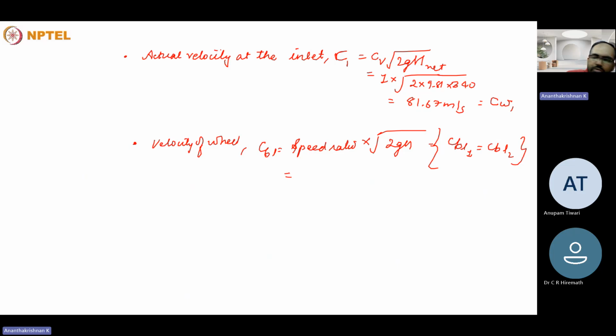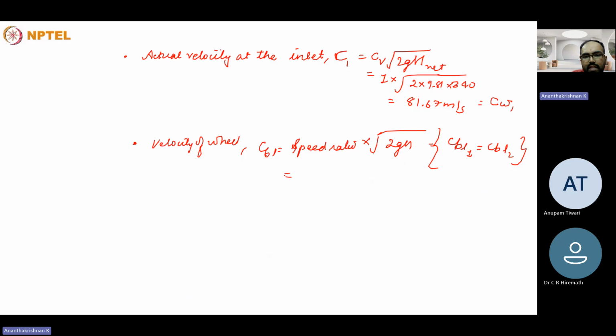Since this is a Pelton wheel, we need not consider the diameter variation at the inlet and the outlet to calculate the average velocity. So here we can directly take everything at the same diameter from the center. So we can take it to be the same.